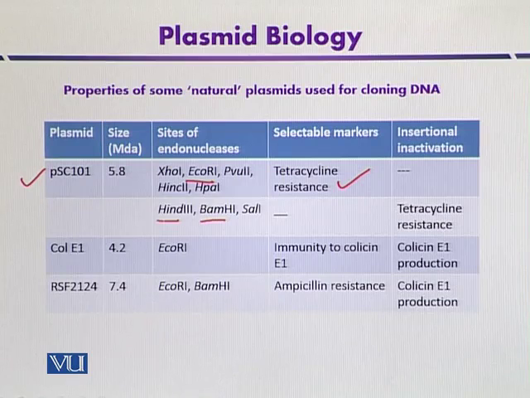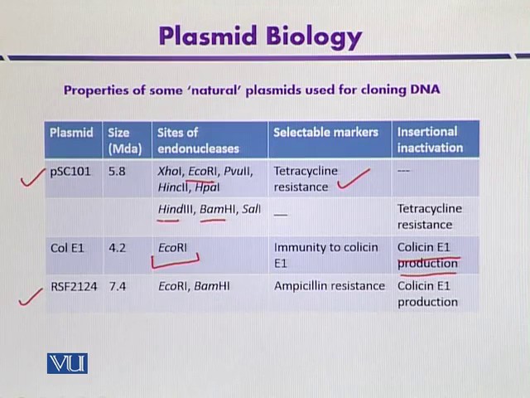selectable marker. The next plasmid is ColE1, very famous, and it contains a single restriction site for an enzyme like EcoRI, and it contains a selectable marker for immunity to colicin E1, and at the same time it also contains a gene that can mediate the production of colicin E1. The last example is a derivative of the ColE1 plasmid, RSF2124.